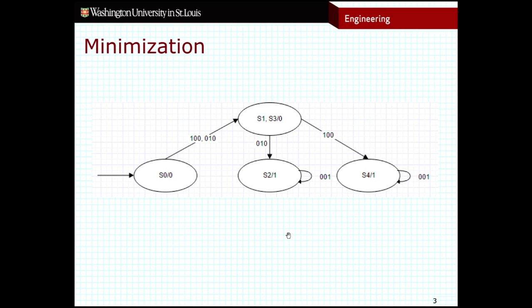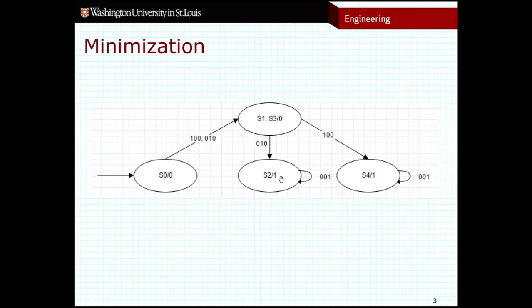We can actually do a little bit more with this finite state machine in terms of minimization. If I take a look at state 2 and state 4, I see that they both output 1s. And I see that there are no other transitions out of these states than these self-transitions, the transitions that go to the same state that we're already in. If you notice, these self-transitions operate on the same set of inputs. So even though these don't go to the same exact state, I can still say that state 2 and state 4 are equivalent because the self-loops also have identical inputs.